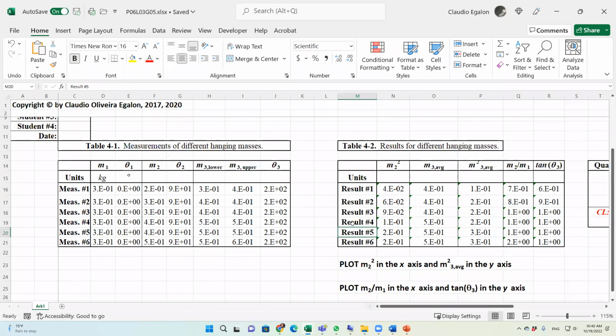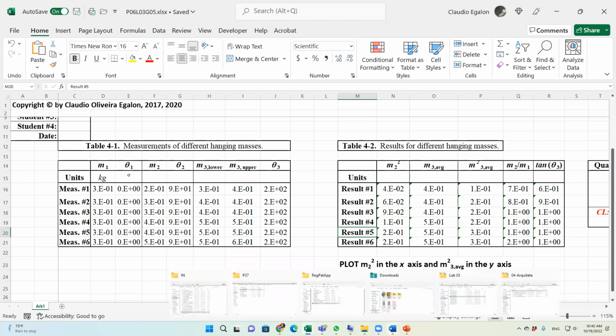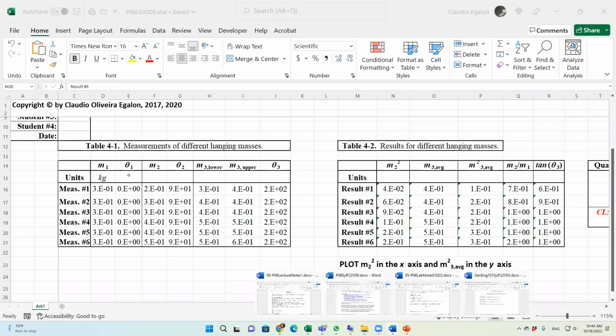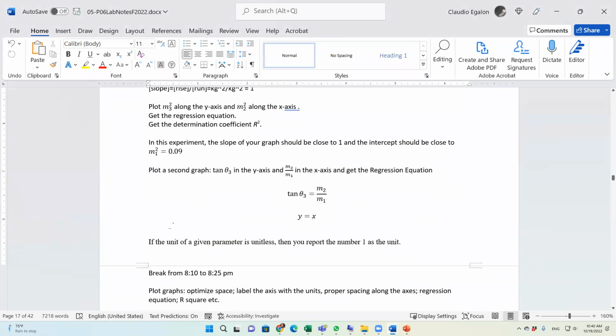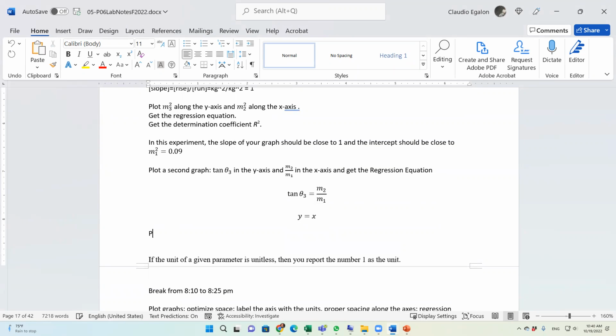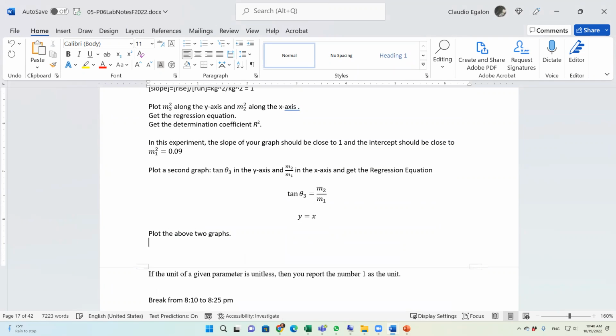So the first thing is for you to plot the graphs. Plot the above two graphs. Let's see how you're doing.